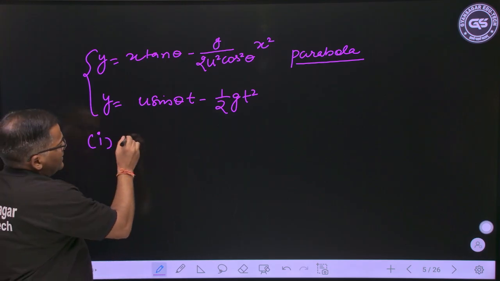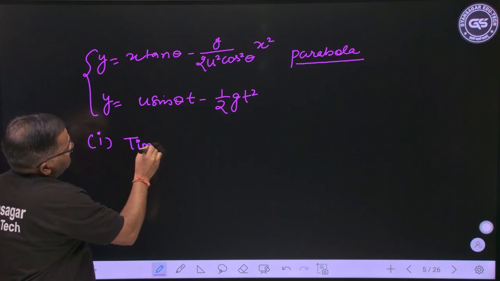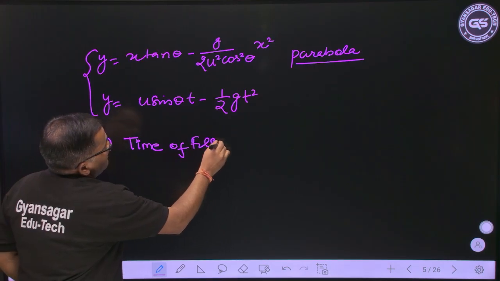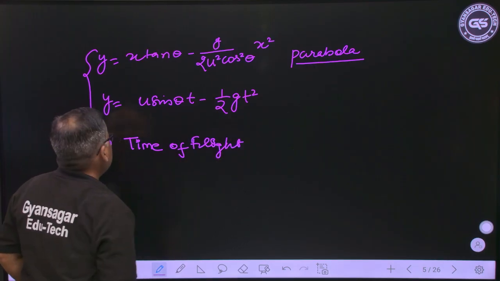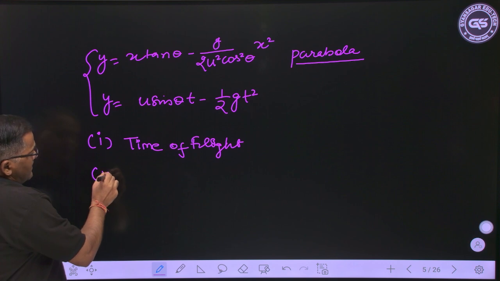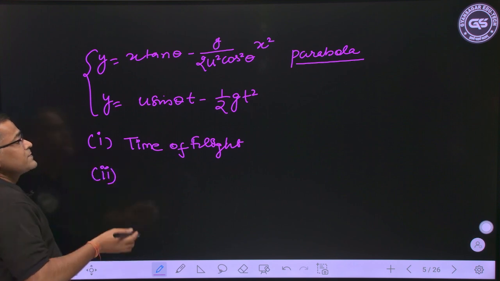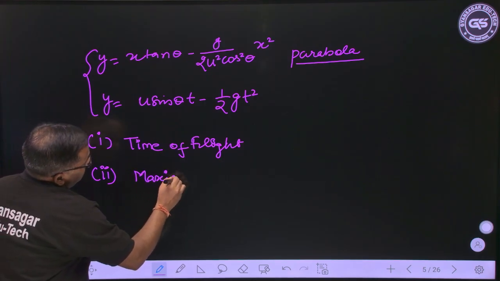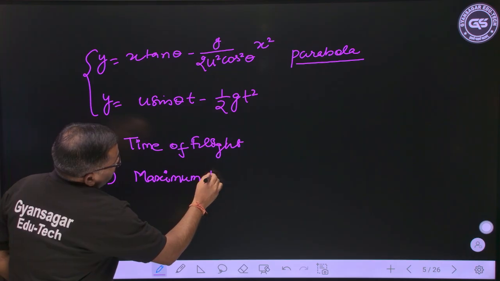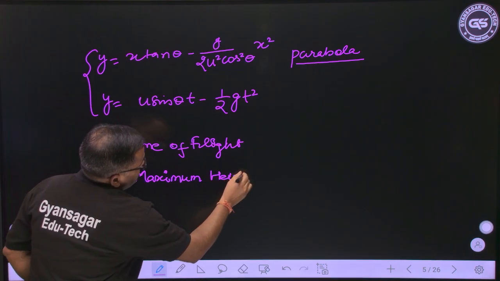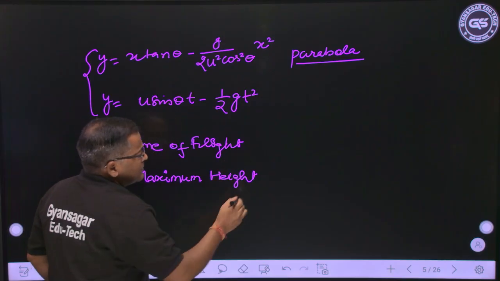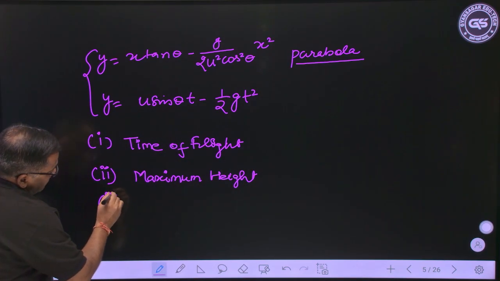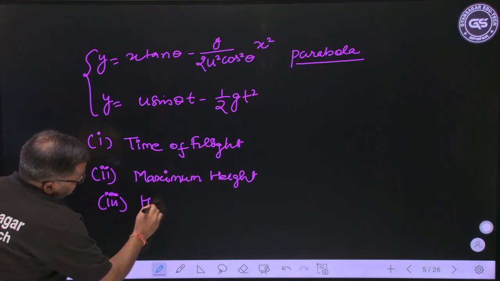First is time of flight, second is maximum height attained by the body, and third is horizontal range.